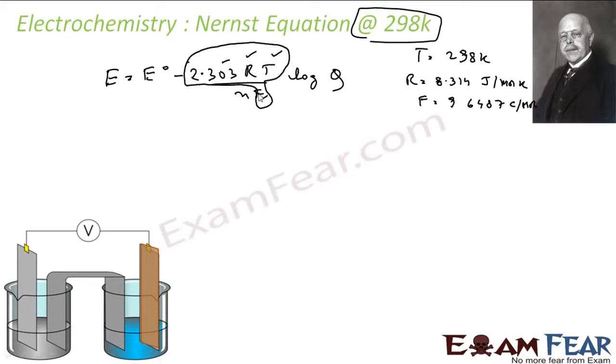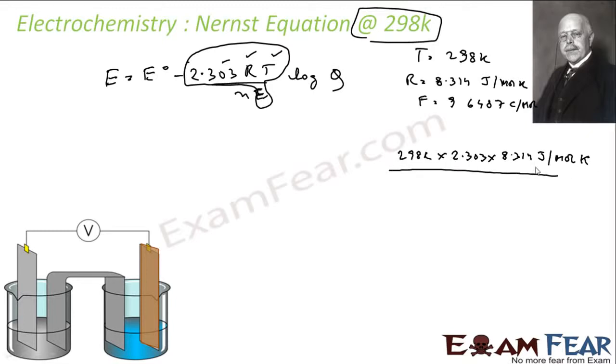So let's find the value of this whole thing. This becomes 2.303 times R, 8.314. Please note the units: joule per mole Kelvin, into temperature 298 Kelvin, by nF.